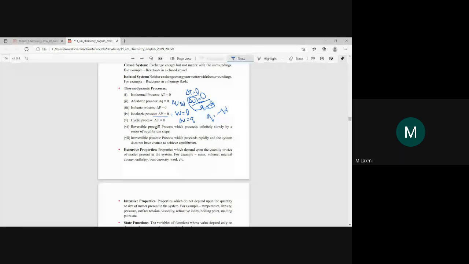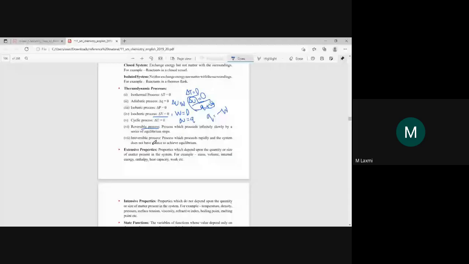Now, for a reversible process, external pressure need not be constant. What happens in an irreversible process?